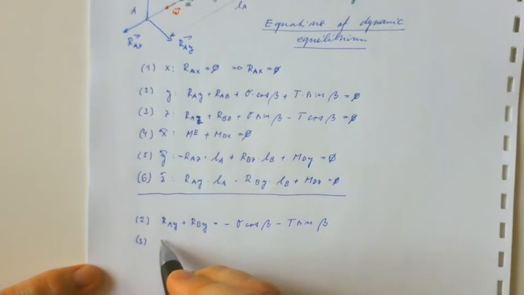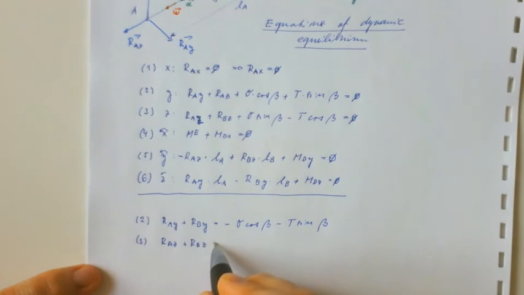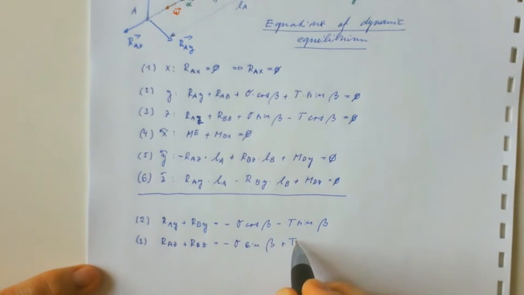Third equation, Raz plus Rbz is equal to minus O sine beta plus T cosine beta.